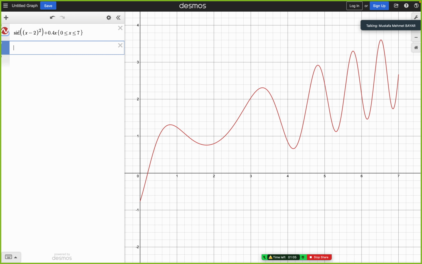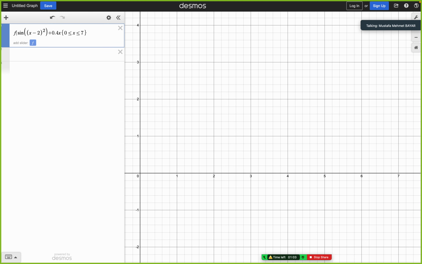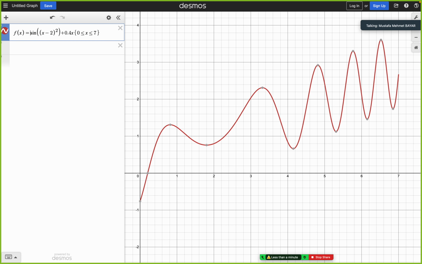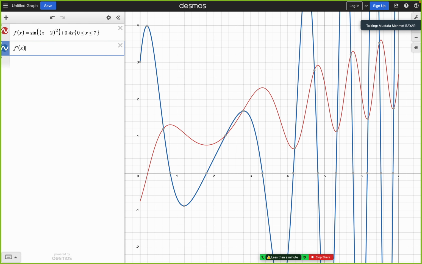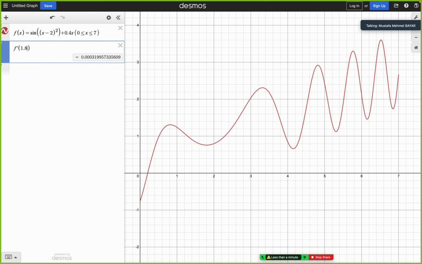I will just say that this is f of x, and then this is f prime of x, which is the derivative function. And this is f prime of x evaluated at 1.8. So this is just a very, very, very small number. I will write it as 0.00032.